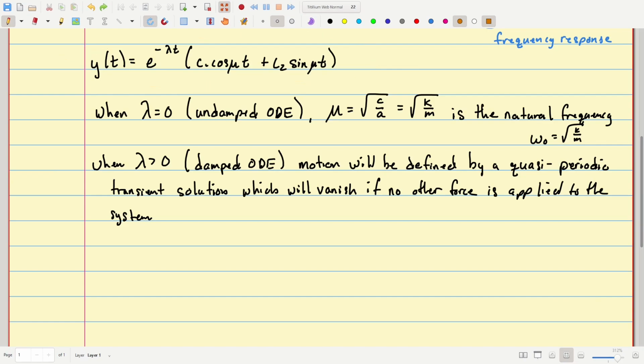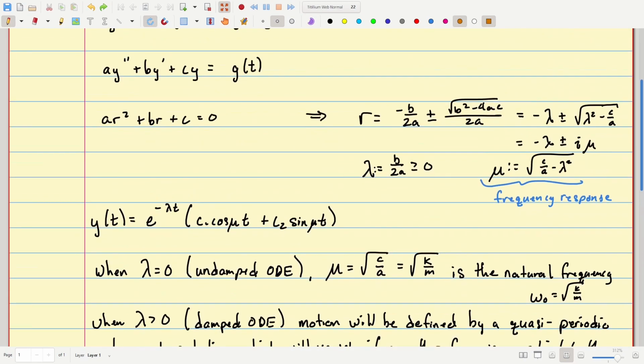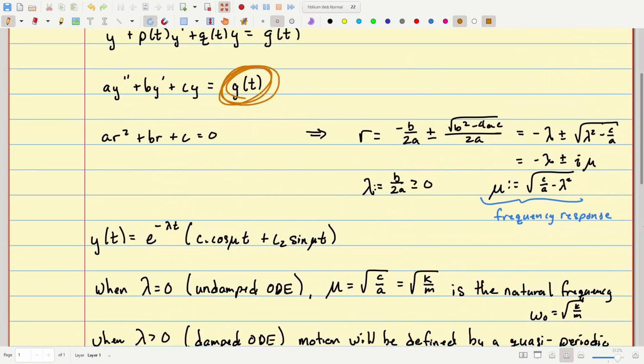All right. The only way to prevent the differential equation from being reduced to 0 is to have some kind of external forcing function, which would be the purpose of the non-homogeneous part here.